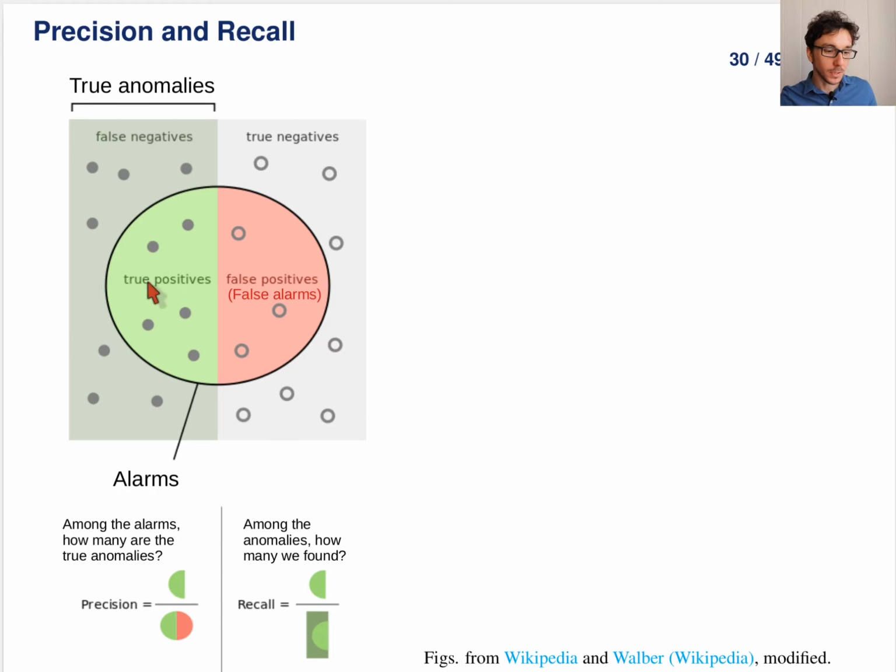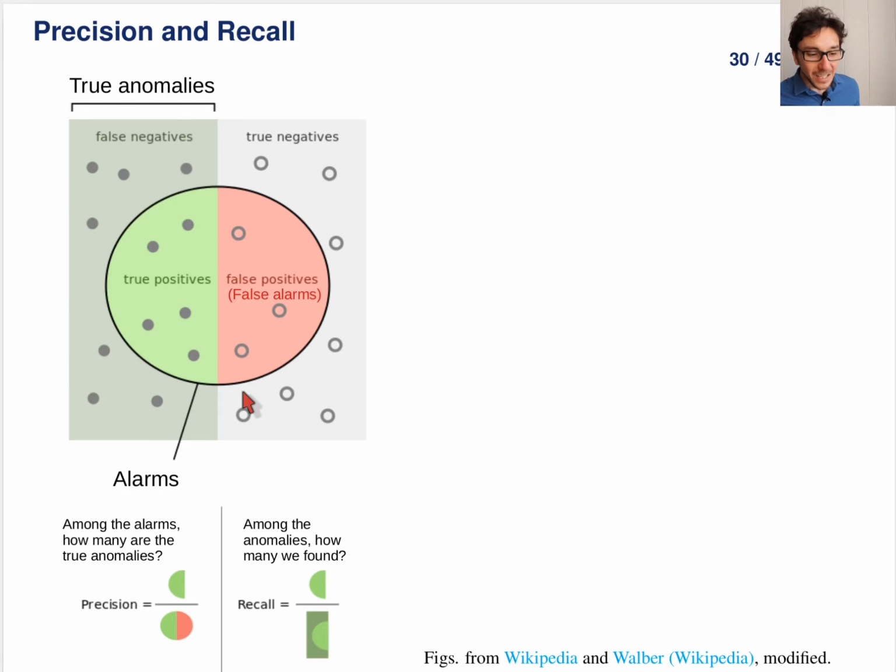It is true positives divided by all this circle here. The circle represents the alarms. So precision is the percentage of raised alarms that were truly anomalies. So I repeat, the precision is the fraction of alarms that were actually anomalies.